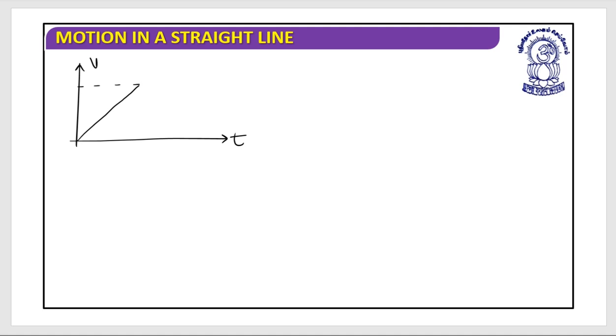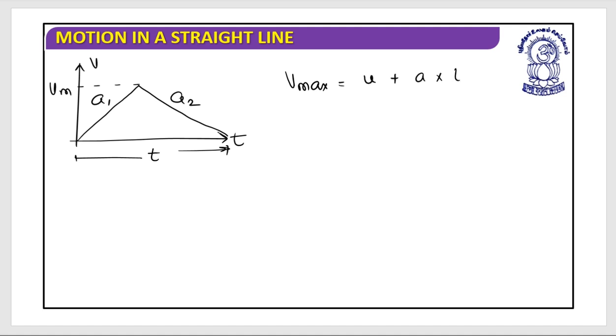This is Vmax, with certain acceleration A1, and then ends up here with certain retardation A2, and the total time of this journey was T. When we find out Vmax, we write V equals U plus A into T, but this U equals 0, so it has only AT, and we write A differently.